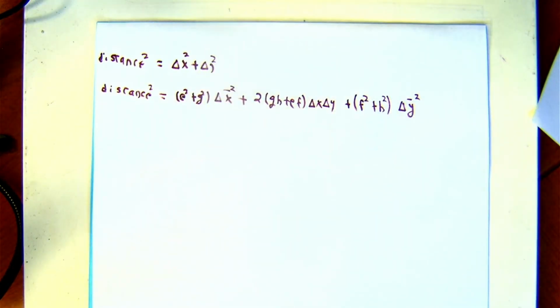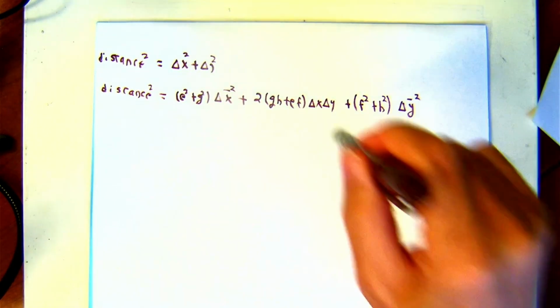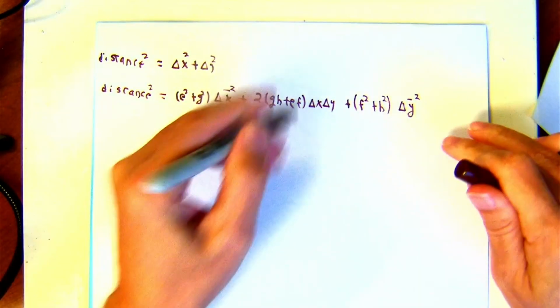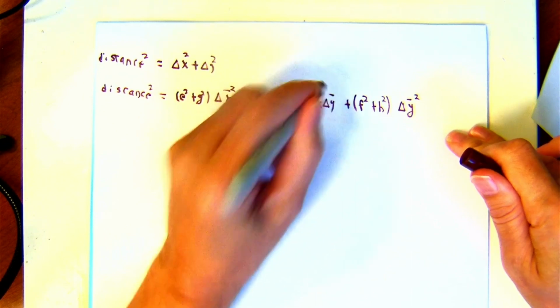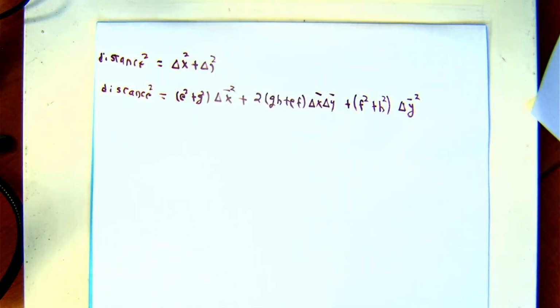And in Cartesian coordinates, I don't have a delta x times delta y term running around in it. I can find a certain commonality if I think about this a certain way.